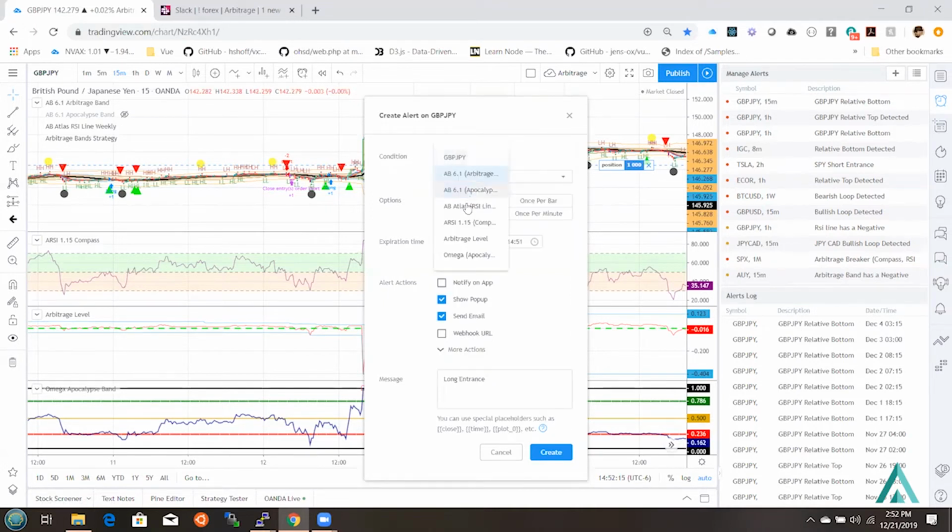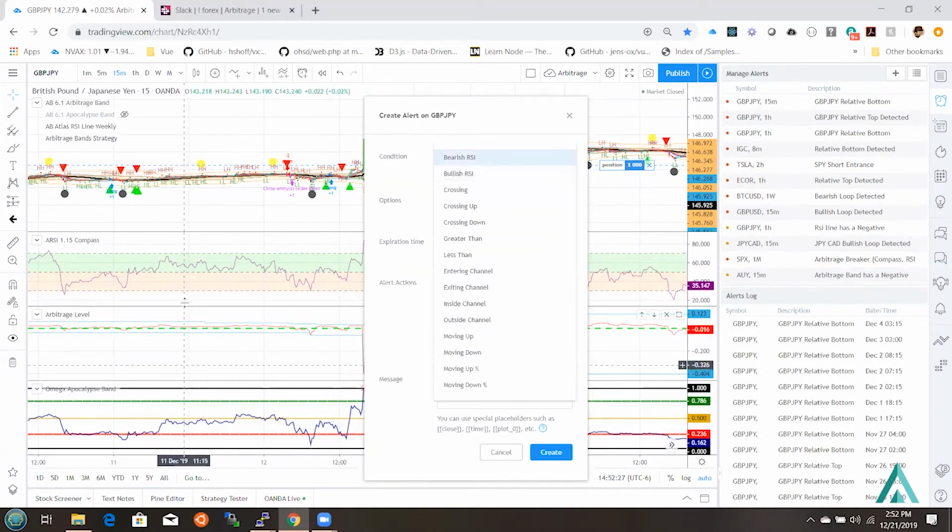As you switch between the indicators, Atlas tries to tell you what the relative tops and relative bottoms are. Let's see. ARSI lets you decide if the RSI line that's in the RSI indicator is either bearish or bullish. So basically, it goes across that green line, it becomes bullish. It goes underneath that green line into the red territory, it becomes bearish.